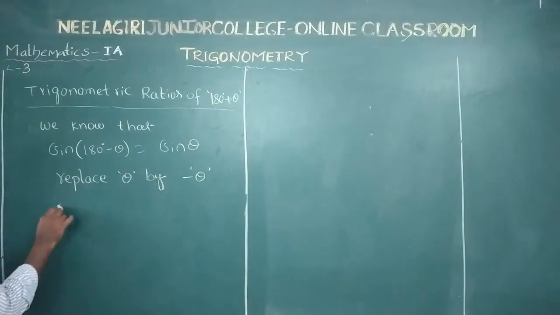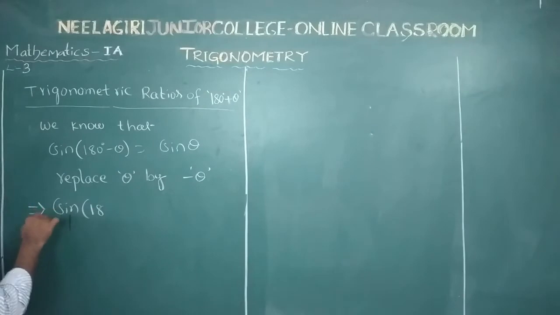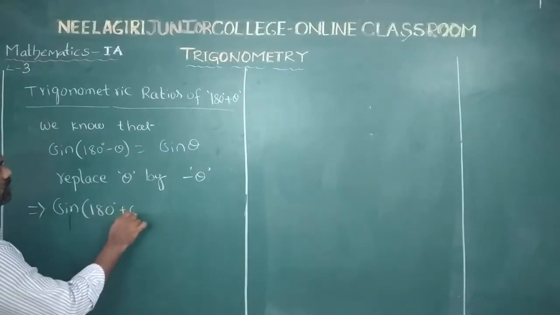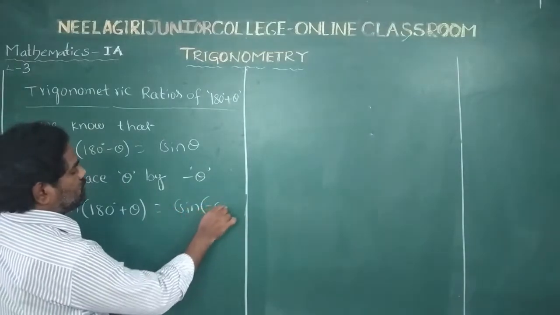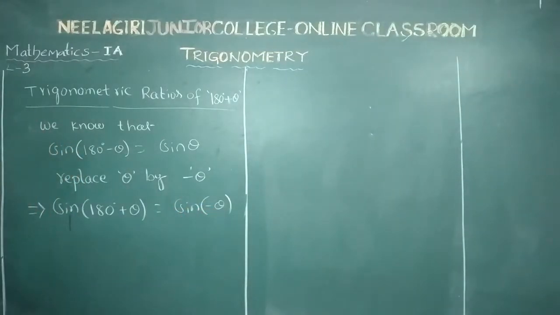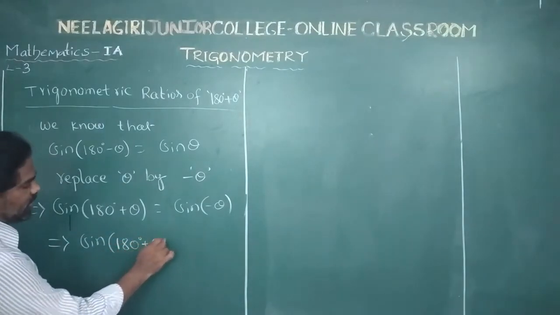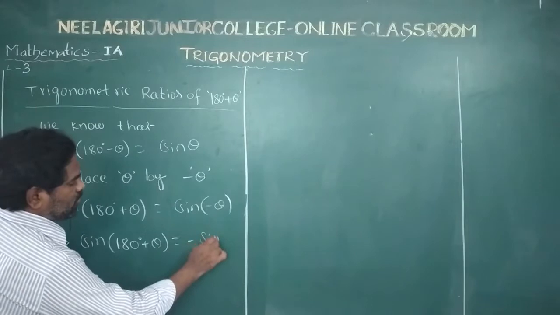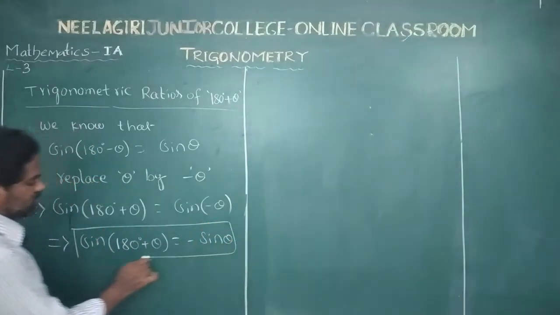Then we get sine of 180 plus theta equals sine of minus theta. So what will come here? Sine of 180 plus theta equals sine of minus theta, which is minus sin theta. Understand?